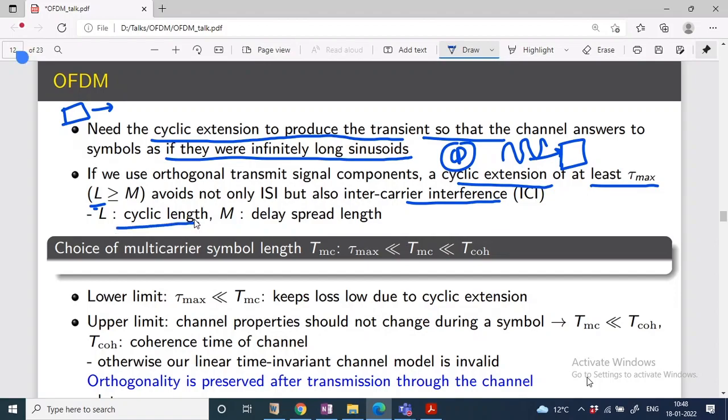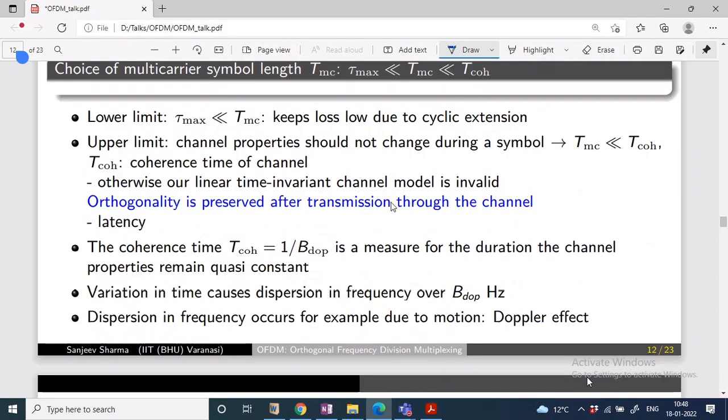L is the cyclic prefix length, and M is the delay spread length that we already saw. M is equal to tau max upon Ts, where Ts is the sampling period.